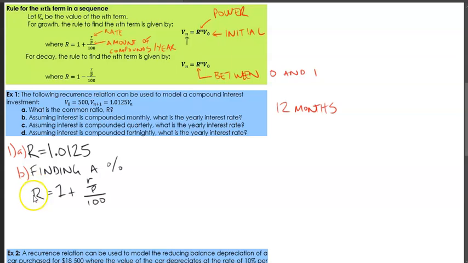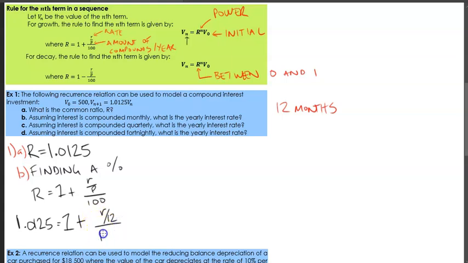All right, our common ratio, we actually know what this is. This is 1.0125. Now this is going to be equal to 1 plus the rate, which is what we're trying to figure out, and the amount of compounds per year, P. Because it's happening monthly, there are 12 months per year, our P value is 12.